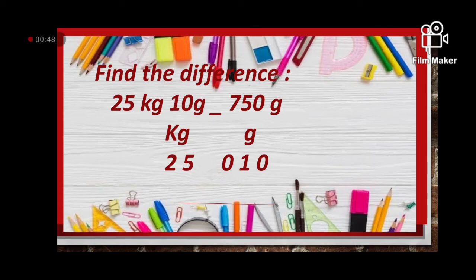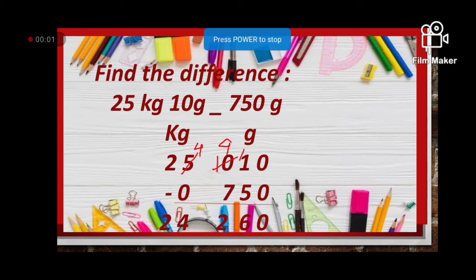First we will write 25 kilograms and 10 grams. To fill the empty space, we have written 0 there. Then we will write 0 kilogram and 750 grams. When we subtract them, we will get 0 minus 0 is equal to 0.